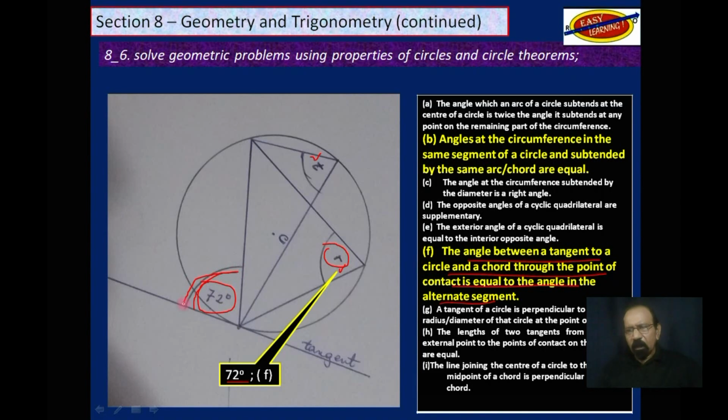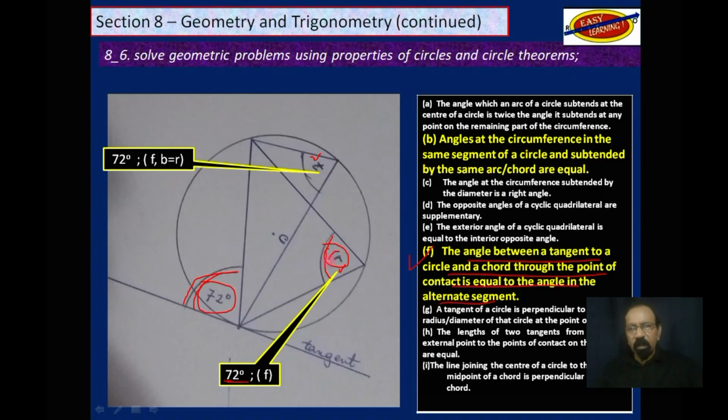So we know this angle. This angle here is in the alternate segment. So that is 72. And this one here, we can use that same reasoning. T is also 72 because of this same circle theorem.